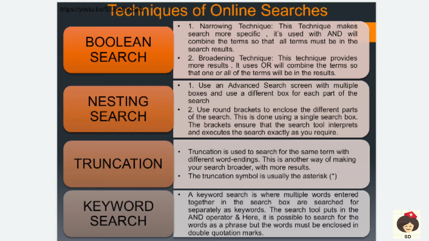For example, if the researcher wanted to learn something about the team, he can type team and put an asterisk. That means all the terms related to team, like teamwork, team decision making or team members, will come. So in truncation the asterisk, that is the star symbol, will be used and the researcher can search.